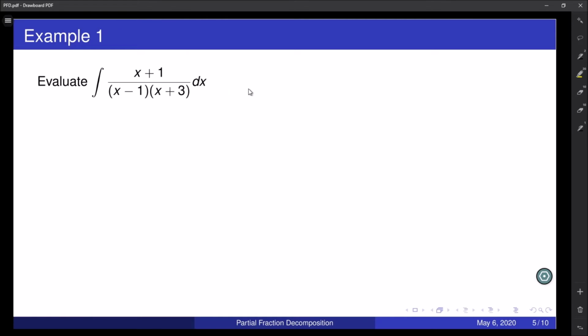Because we have two factors here, x minus 1 and x plus 3, we are going to separate them into something over x minus 1 plus something over x plus 3, with a term that's one degree less than the denominator in the numerator position. We don't know what they are, so we're just going to call them A and B.